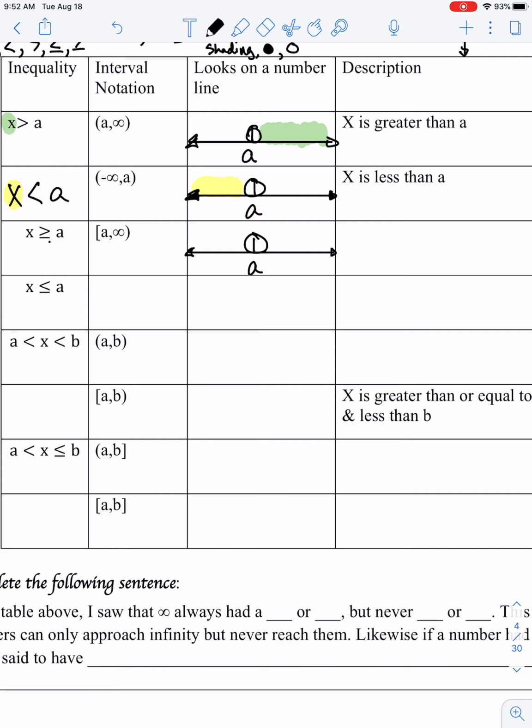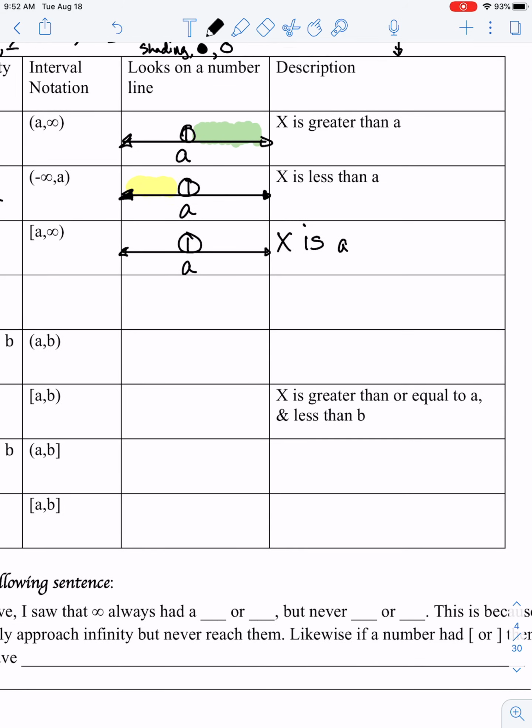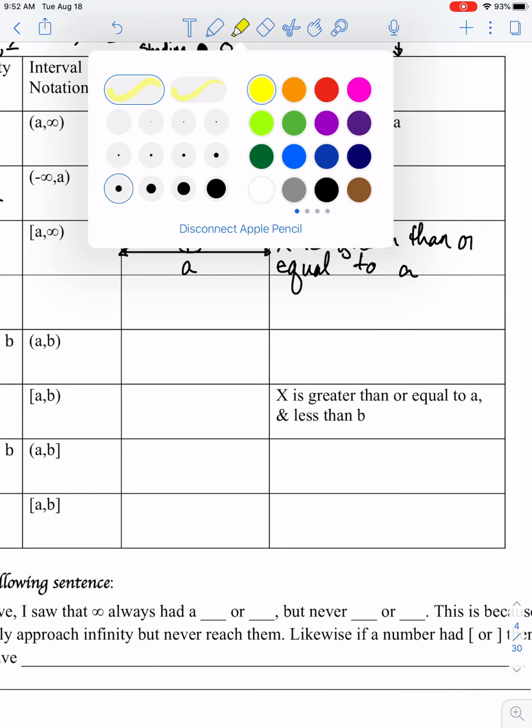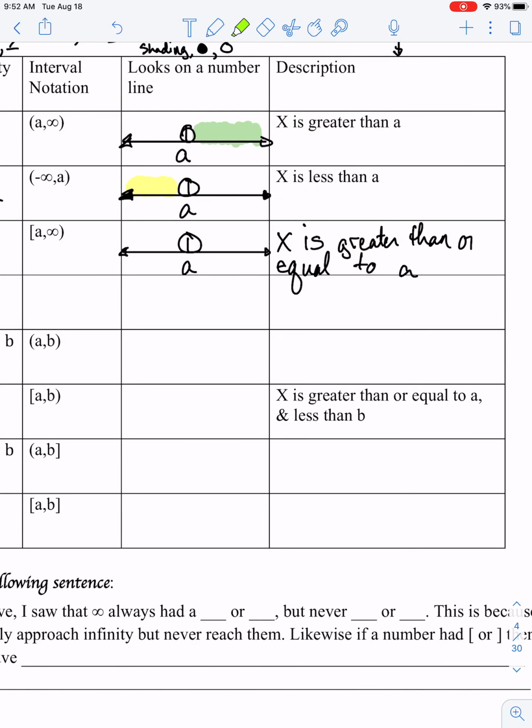So if we read this, x is greater than or equal to a. So again, greater than, I'm going to shade to the right, and or equal to allows me to fill in the dot.